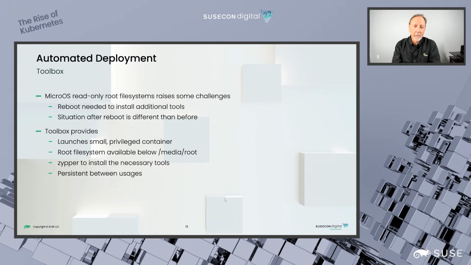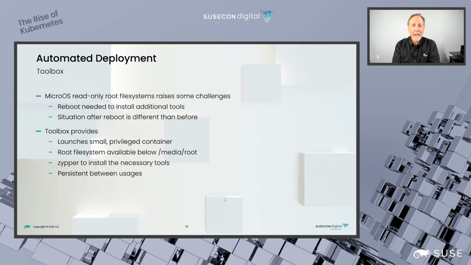So the Toolbox gives me this privilege. Because we're leveraging Podman, we can run containers. And what the Toolbox gives me is a privileged container that lets me gain access to the root file system under this mounted area called /media/root.